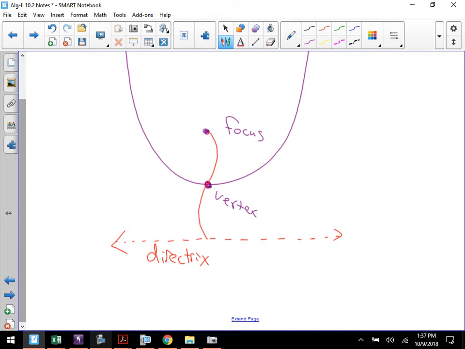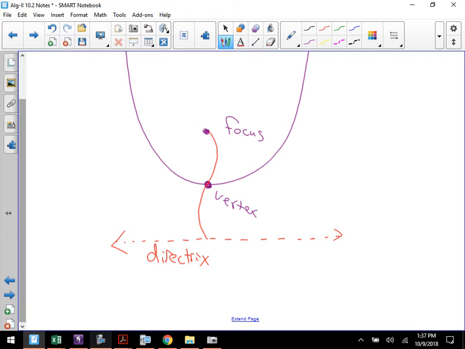So there is this thing called a directrix.